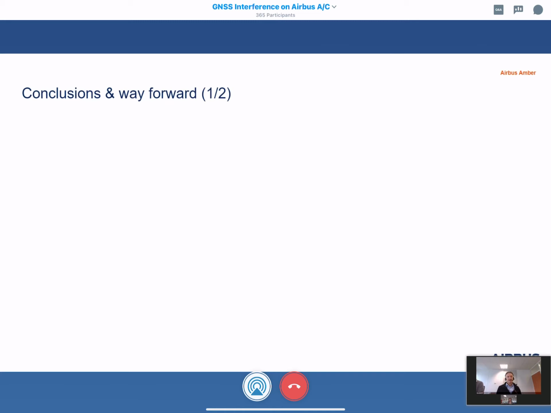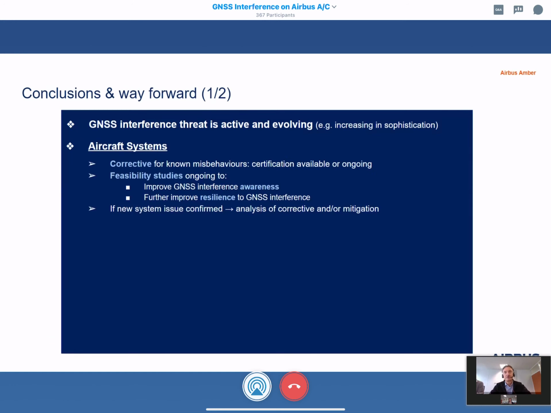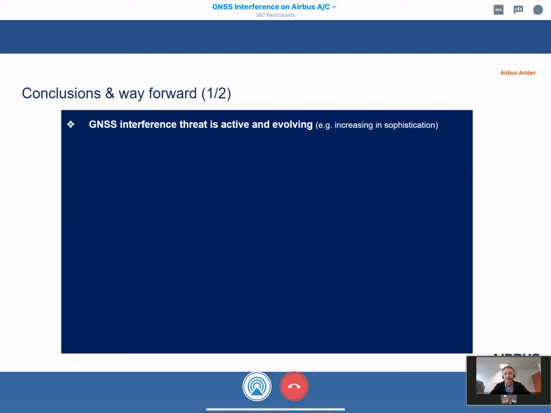And it's time to conclude and also to look at the way forward, because as you understood, GNSS interference is a threat that is active and evolving and increasing in sophistication. And with all the reports we receive, all the contact we have with you operators, we fully understand at Airbus level that it's a huge operational burden and with potential safety impact.